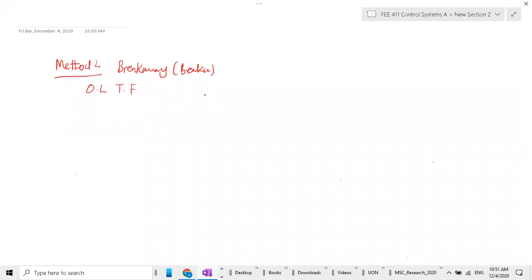We know our open loop transfer function is given. From here, we know our poles: S equals 0, S equals -1, and S equals -8. These are poles. We don't have any zeros. Zeros is nil. So we use this formula.